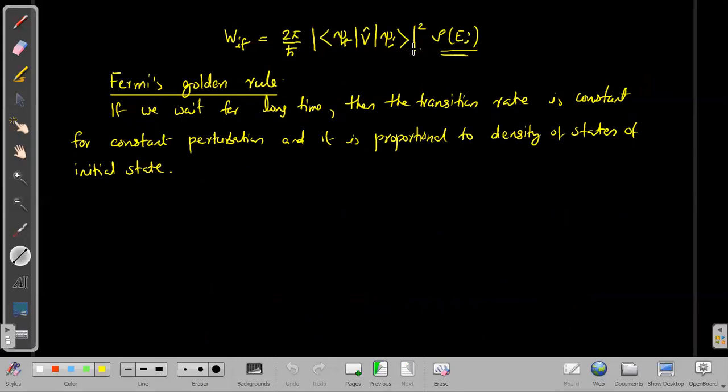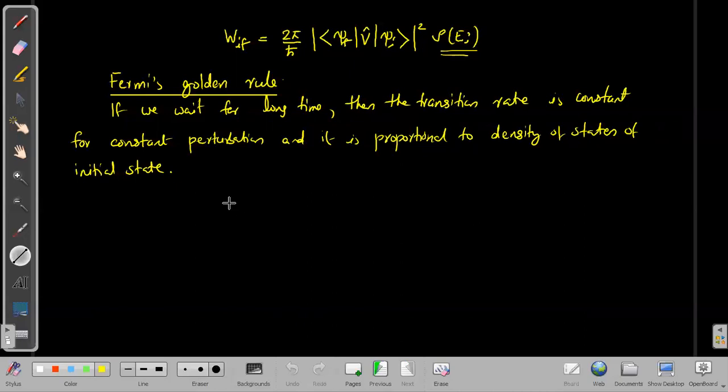So in the next class we'll discuss what would be the transition probability if we have a harmonic perturbation. Now strictly speaking, the constant perturbation will not come under the purview of time dependent perturbation theory, because what we have done is we are not discussing V of t constant throughout.